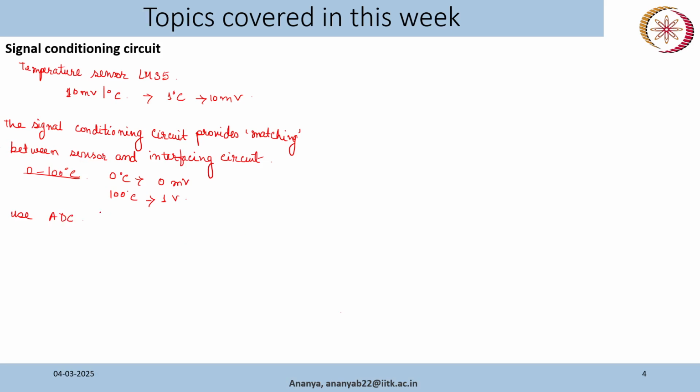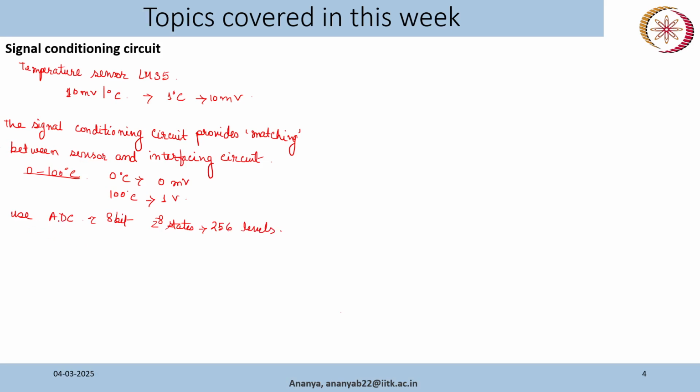Say we are using an 8-bit ADC, so it will have 2 to the power 8 states, that is 256 levels. Okay, so that means it will have 0 to 255 levels.